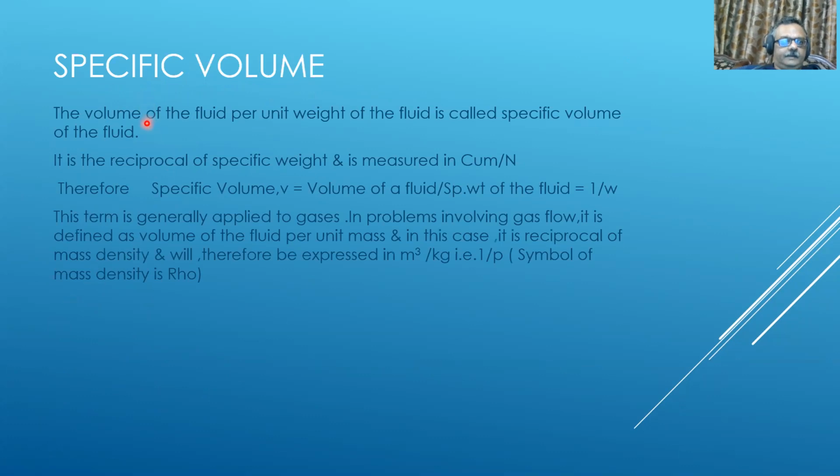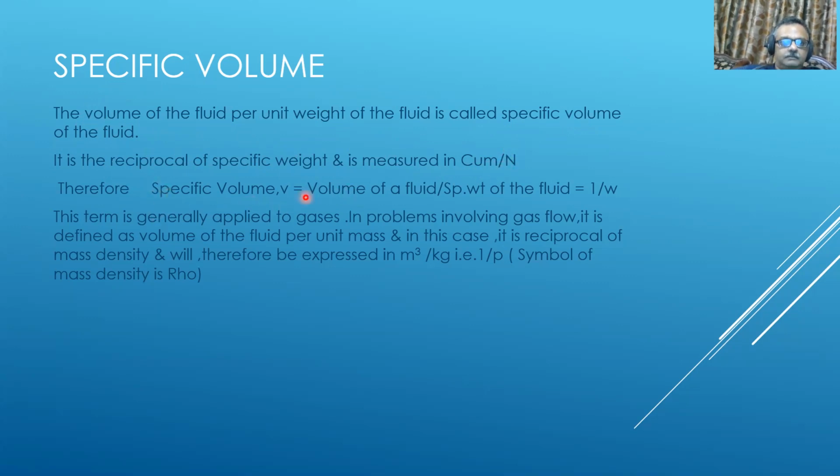It is defined as the volume of the fluid per unit weight of the fluid is called specific volume of the fluid. It is the reciprocal of the specific weight and is measured in cubic meter per Newton.